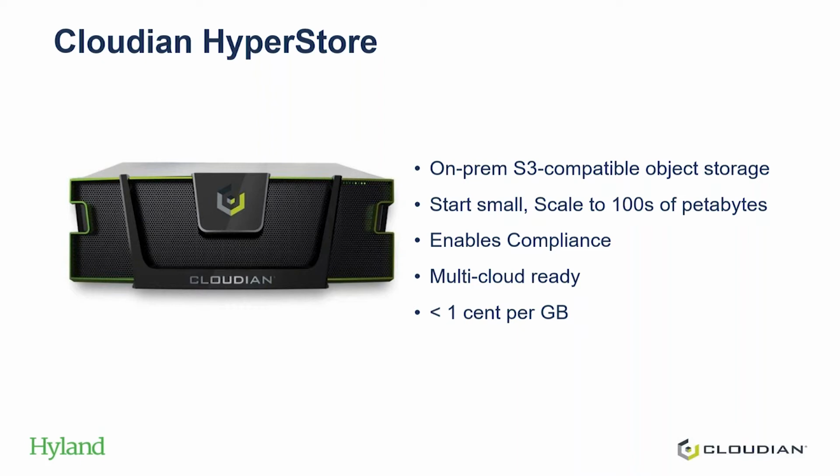Even 50 terabytes is not too small. Of course, we have mutual customers with Hyland running the solution today, and it's much bigger than 50 terabytes. This solution scales very nicely to petabyte range, even exabyte range, very easily with the same architecture.